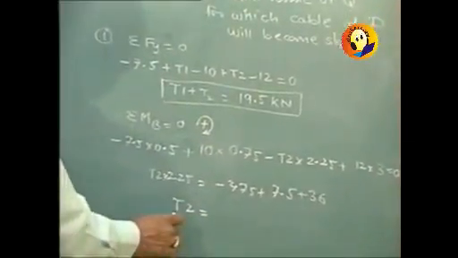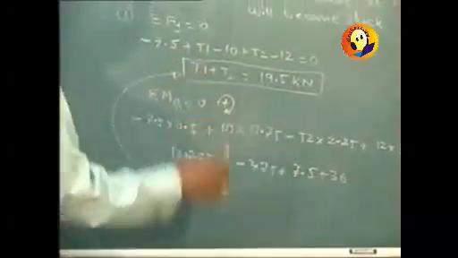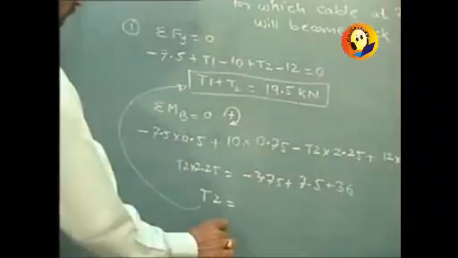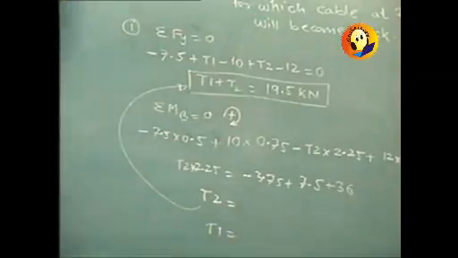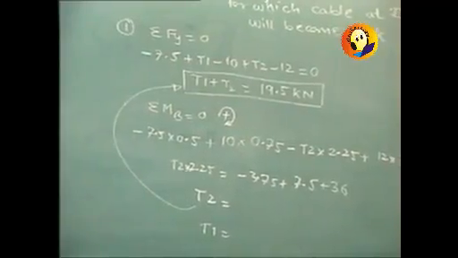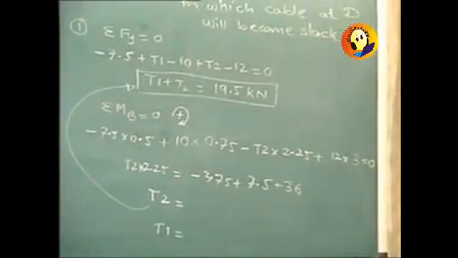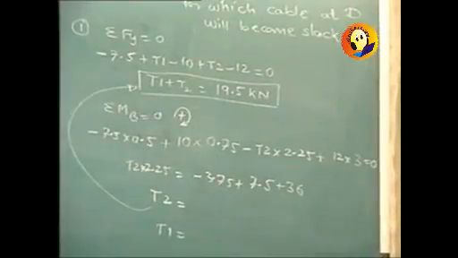If you substitute this T2 in the previous equation, you will also get the value of T1, both the answers in kilonewtons. So the first part of the problem will be through, that is to determine the tensions in the two cables.